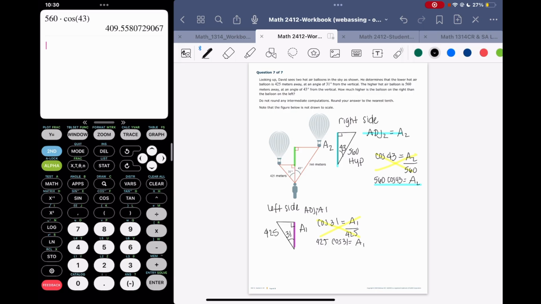And let's just call this A3. So altogether, A3 is equivalent to the larger side, which is A2, minus the smaller side, which is A1.